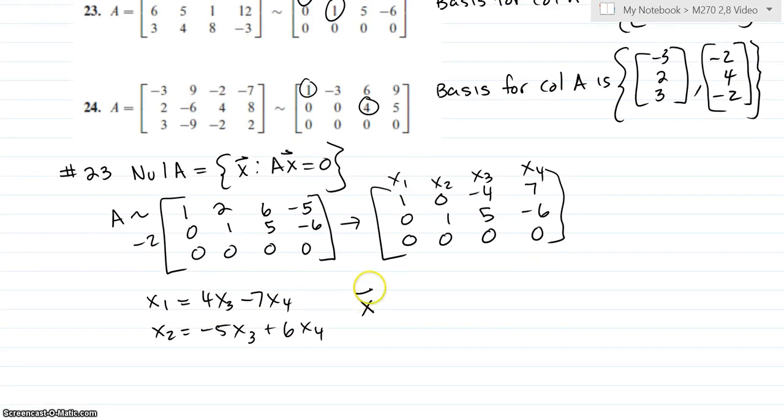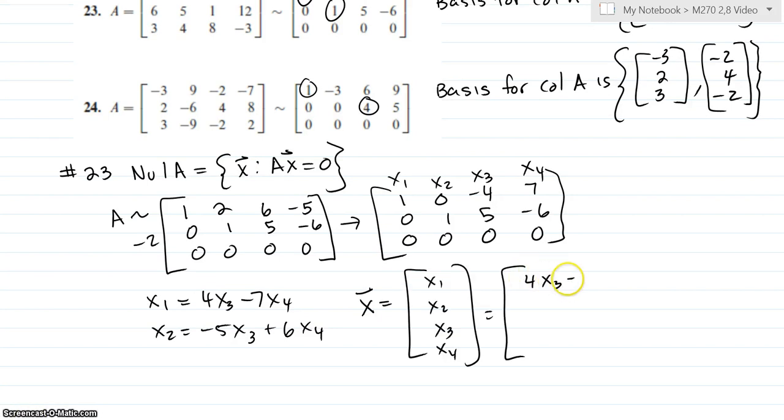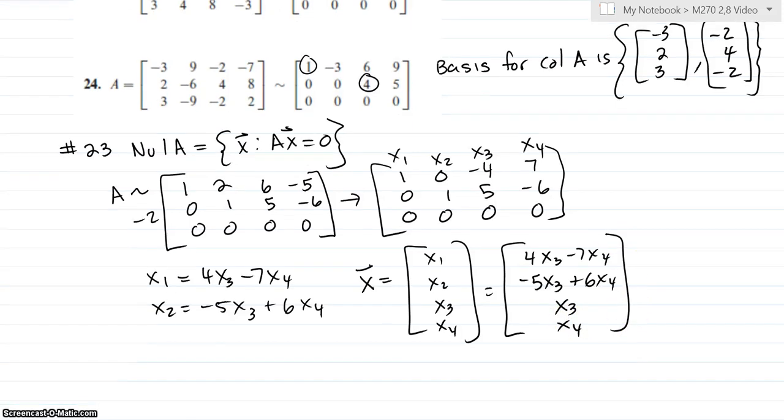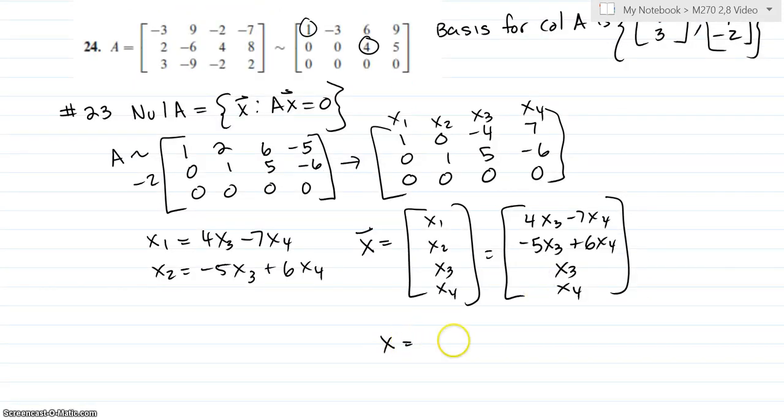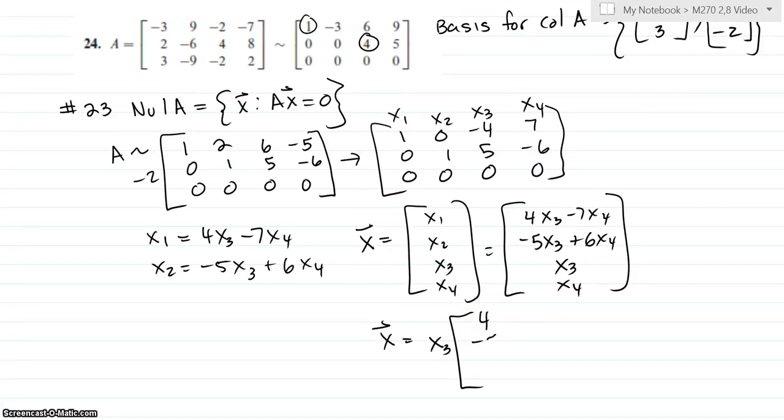And if I write this in parametric form, I can replace x1 with what we found on the left, and the same with x2, and leave the x3 and the x4 alone. So I'm going to get that this is equal to an x3 times all the coefficients of x3, which are 4, -5, 1, and 0.